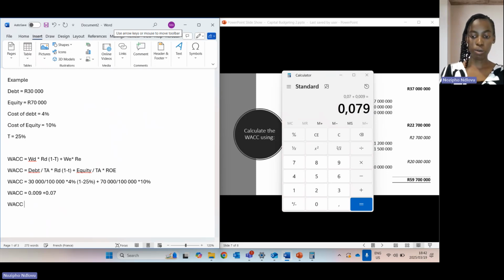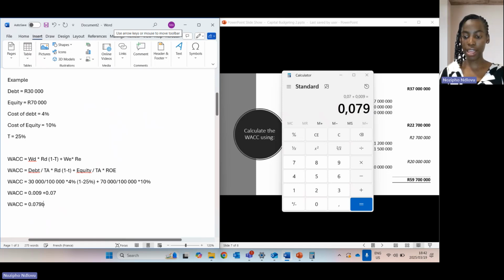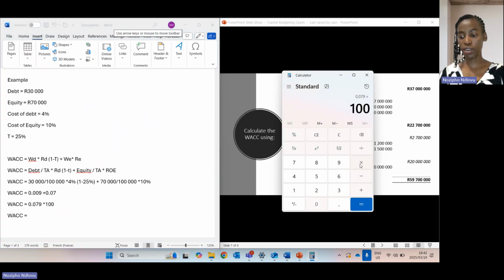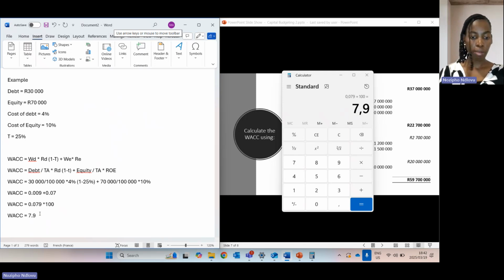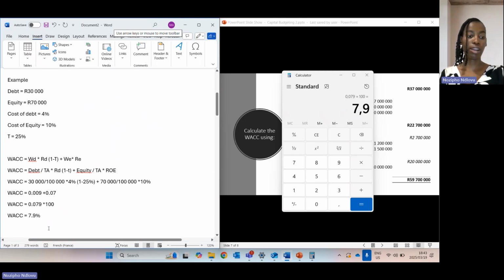So WACC will be equal to 0.079. Then you multiply that by 100. Then you have your WACC to be 7.9%. Once you have converted it and used a multiplication by 100, you need to include that percentage.